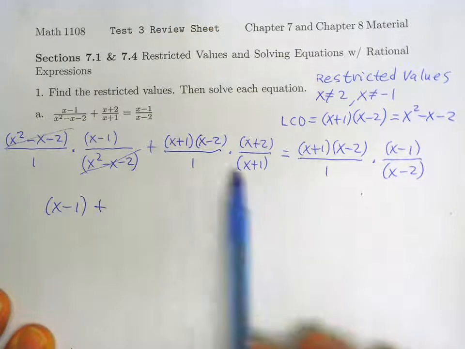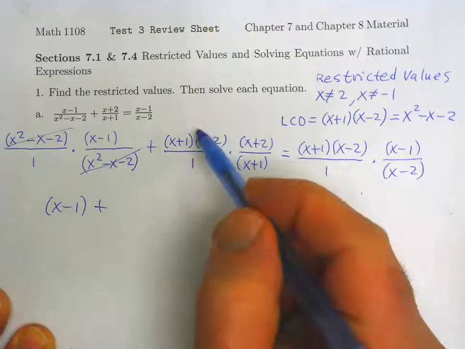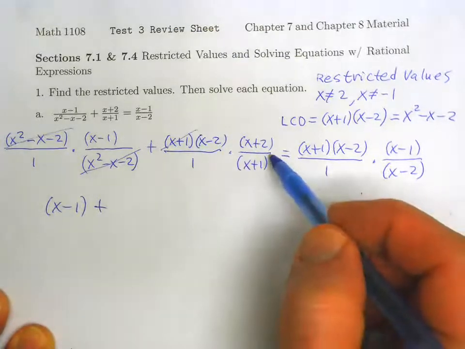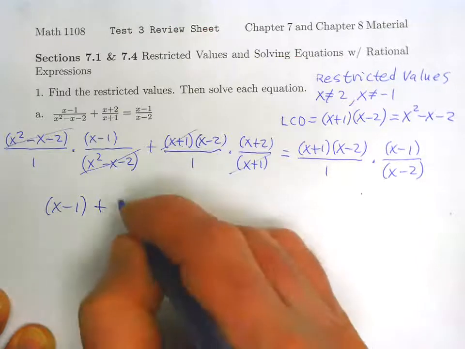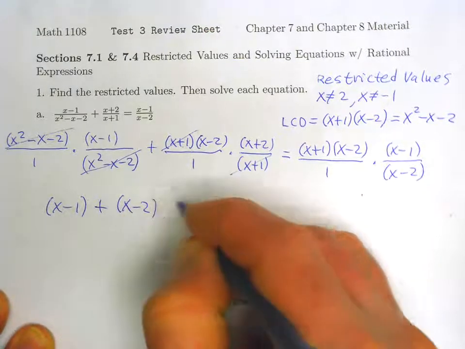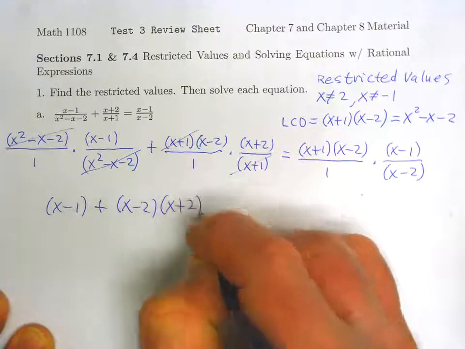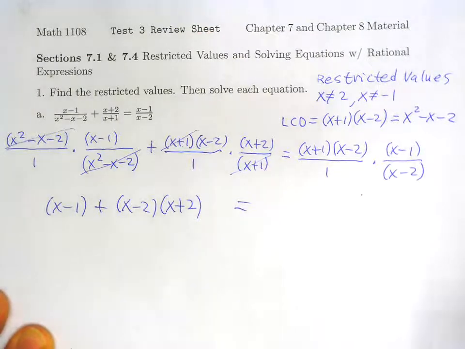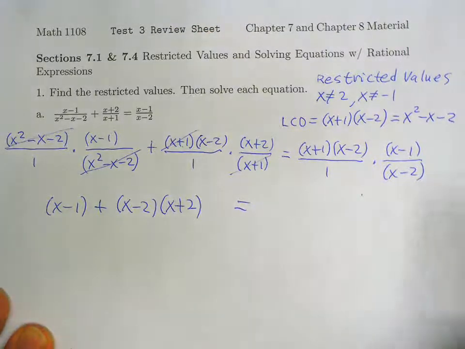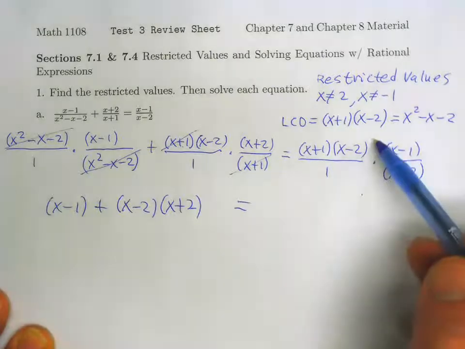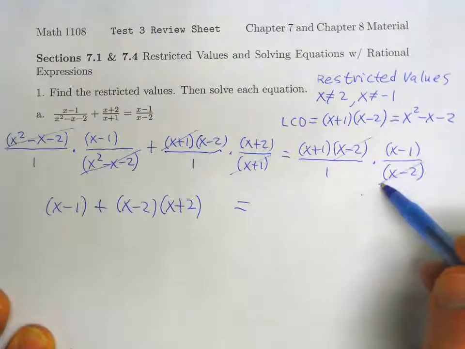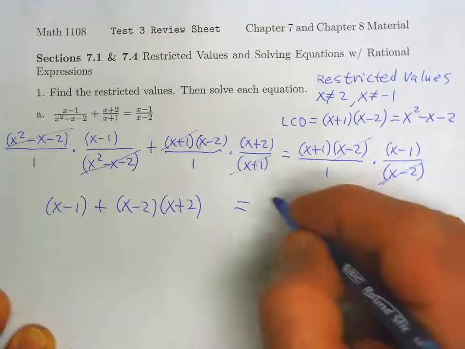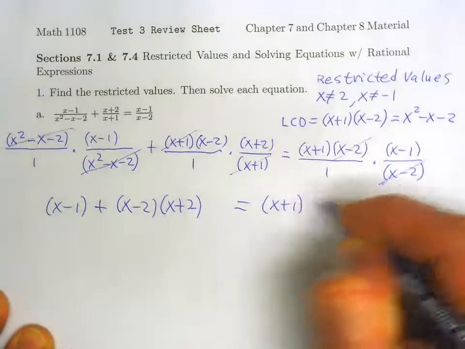The denominator is cleared because if we divide the factor x plus 1 by the same factor x plus 1, we're just left with x minus 2 times x plus 2. And then on the right-hand side, we'll clear the denominator also. In the numerator, the factor x minus 2 divided by the denominator x minus 2, we're just left with x plus 1 times x minus 1.